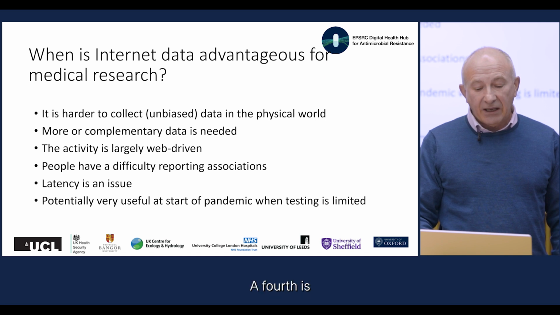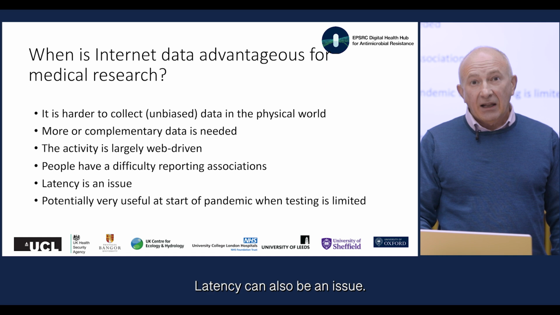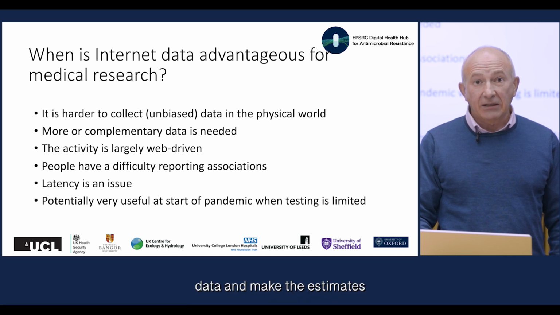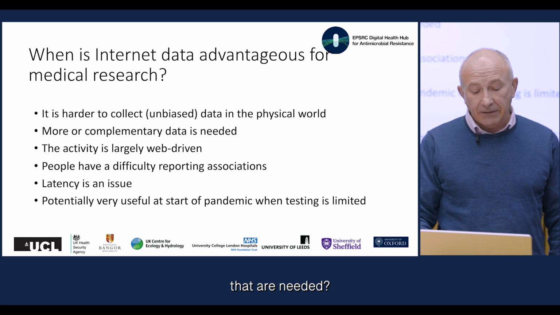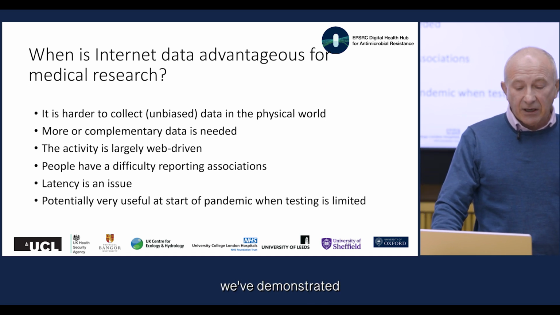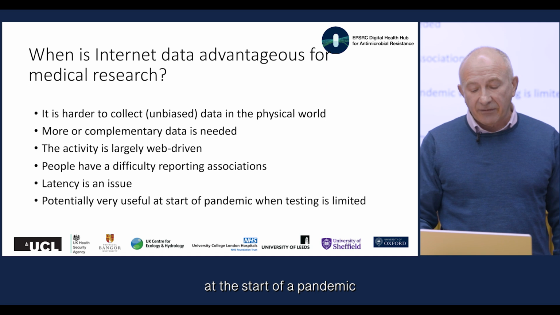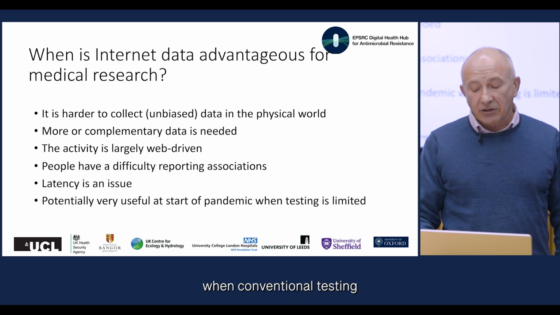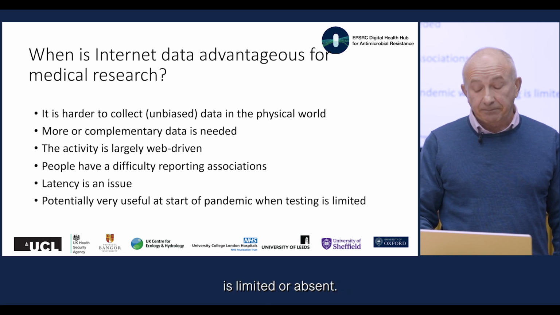A fourth is where people have difficulty reporting associations. Latency can also be an issue. So how quickly can we get the data and make the estimates that are needed? And it's also potentially, we've demonstrated that it can be very useful at the start of a pandemic when conventional testing is limited or absent.